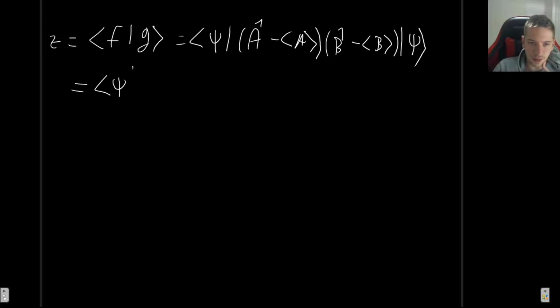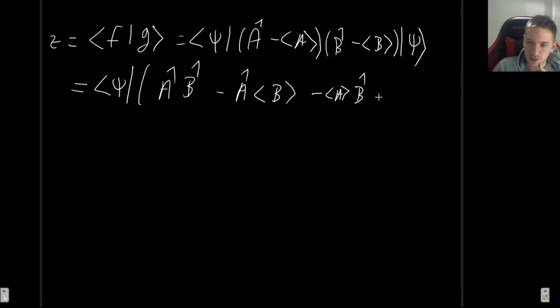Let's multiply through. So we get AB minus operator A expectation value of B, minus expectation value of A operator B, and then we have plus expectation value of A expectation value of B, and all of this acting on psi. Okay, let me just make sure: this times this, minus AB, minus AB, plus, plus. Okay, great. So now remember the properties that we saw in Dirac notation.